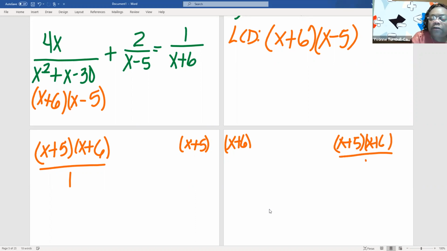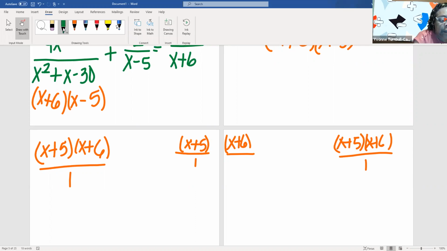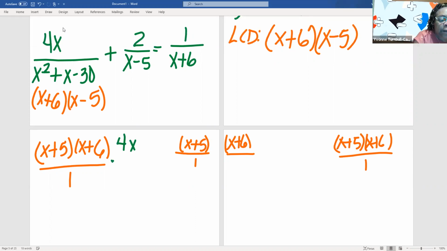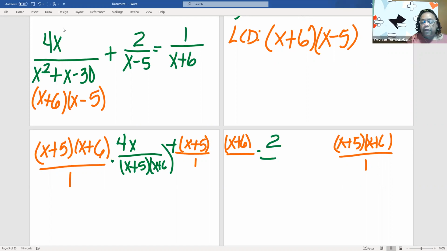Okay, all my LCDs are written in orange. I'm going to write my original problem in green. The first one of my problem was 4x over, I'm going to leave it in factored form, x minus 5, x plus 6, plus 2 over x minus 5 equals 1 over x plus 6.